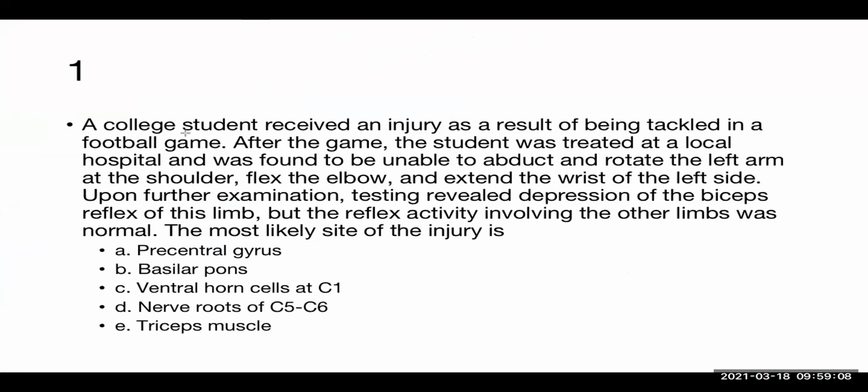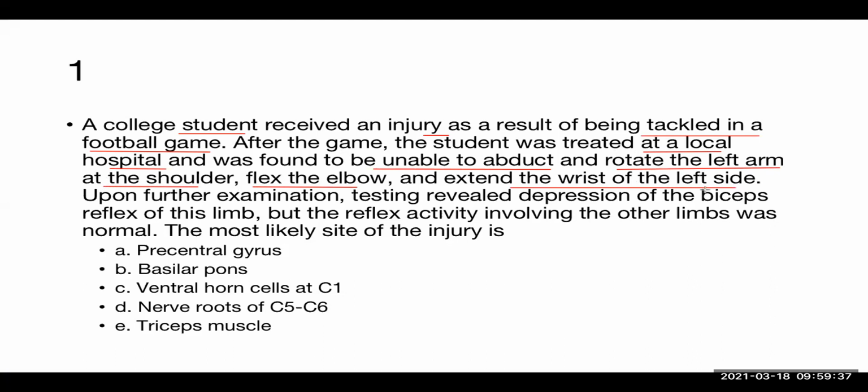A college student received an injury as a result of being tackled in a football game. After the game, the student was treated at a local hospital and was found to be unable to abduct and rotate the left arm at the shoulder, flex the elbow, and extend the wrist of the left side.